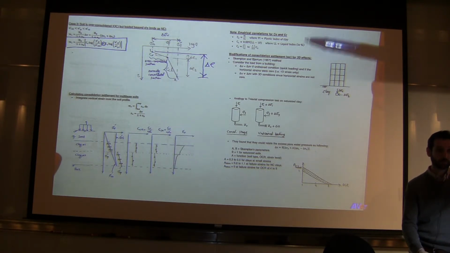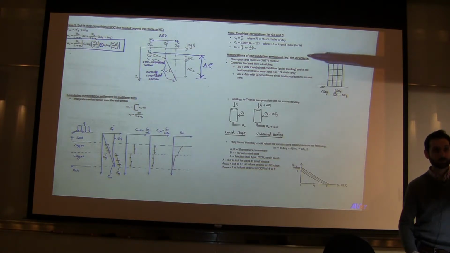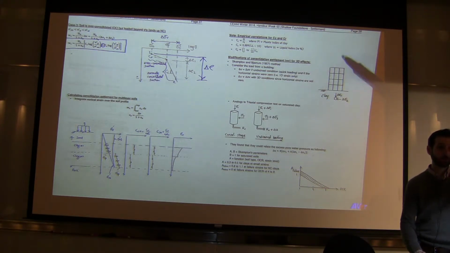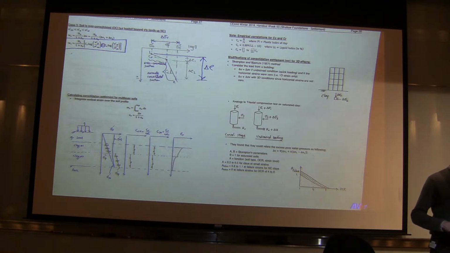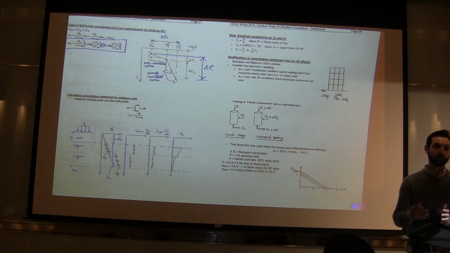You have empirical correlations. It's bad practice to go back to the client at the first meeting and say we want to do this advanced testing. If it's an experienced client, they're not going to agree. So you have access to all these empirical equations and presumptive values that you would want to start with, and then explain to the client what the driving factor is.